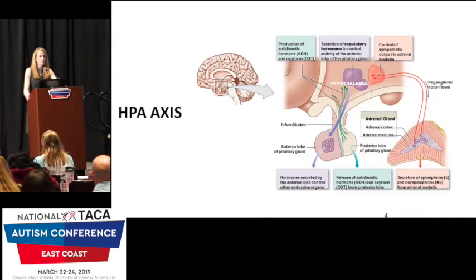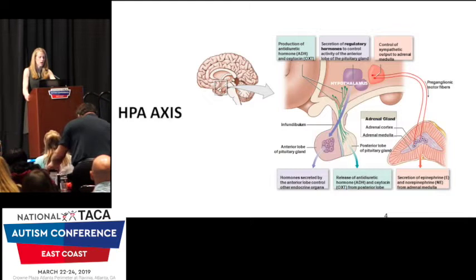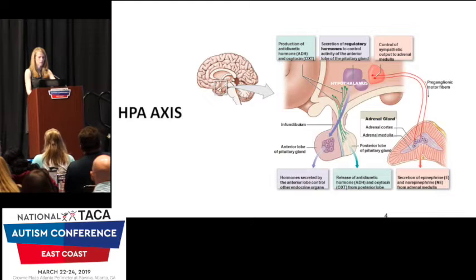So the purpose of the HPA axis is to essentially allow our body to respond to stressors in such a way that we can properly mount the response but then come back to homeostasis. The best way to look for HPA axis regulation and testing in a clinical setting is looking at cortisol, which I'll be concentrating a lot on today.